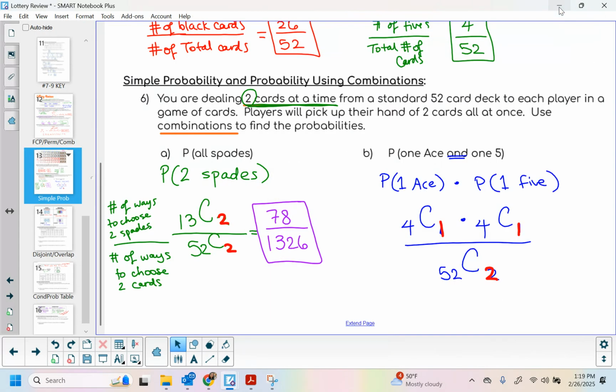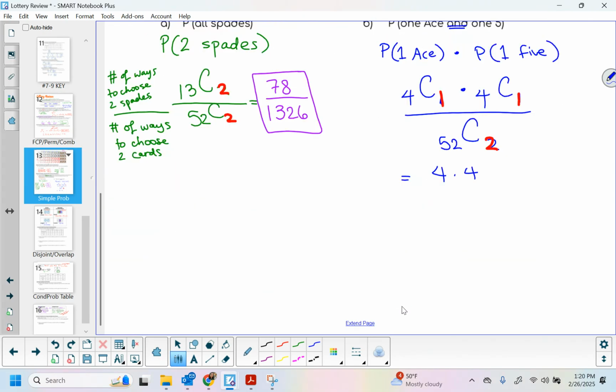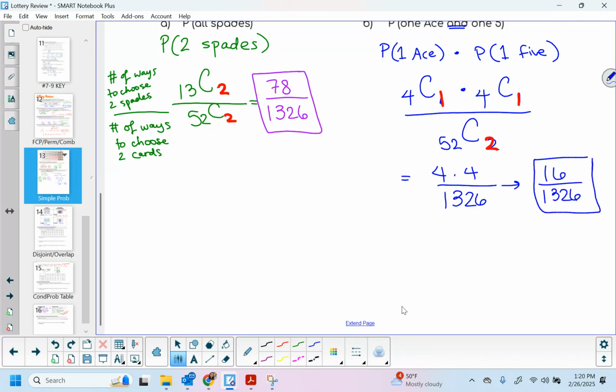So this gives me 4 times 4 over my same denominator as before, 1,326. So that is my final probability there.